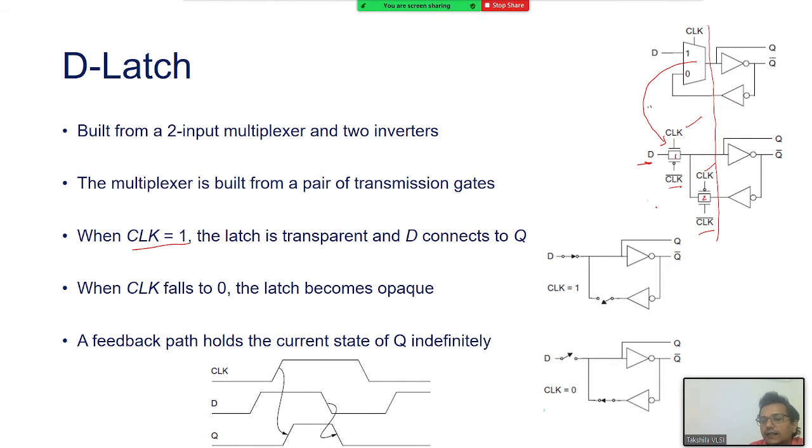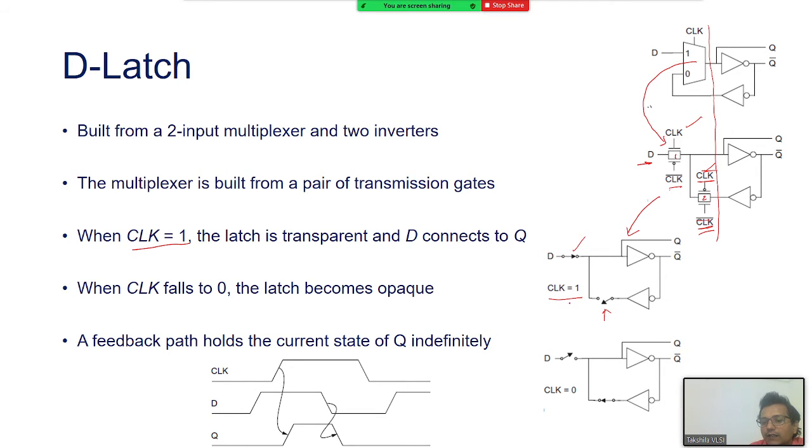So let's understand how the circuit will work. When the clock is 1, look at this diagram. When the clock goes to 1, this pass gate acts as a switch and it closes. This pass gate acts as a switch and it gets open. Why? Because of the connections I have made here, clock and clock bar here. So this one closes.